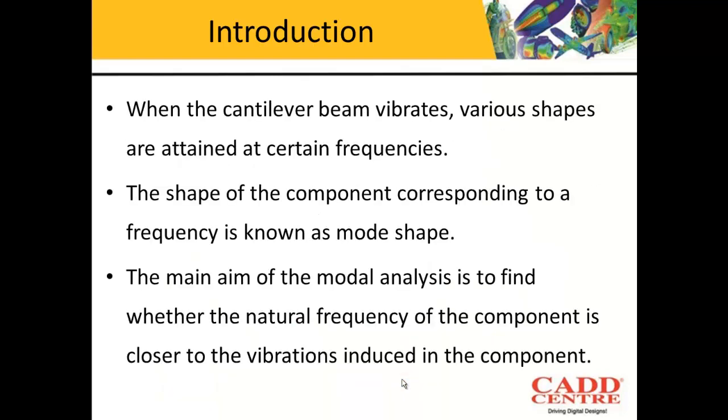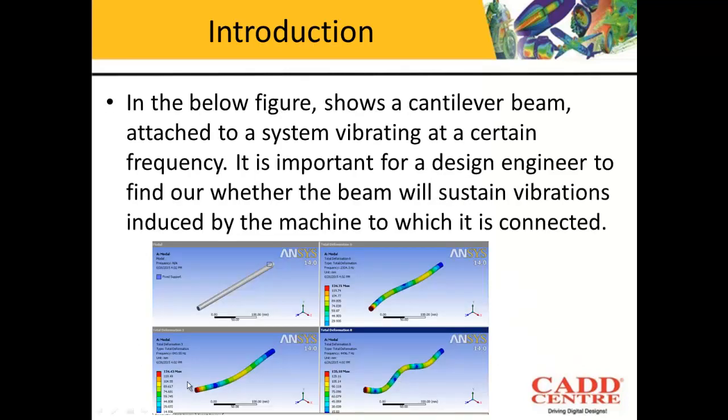Now we can use cantilever beams or any other systems to perform the vibration analysis. Whenever a cantilever beam vibrates, at every vibration or at every frequency, it will achieve different shapes. For example, in the previous example, at one vibration, this is the shape achieved.